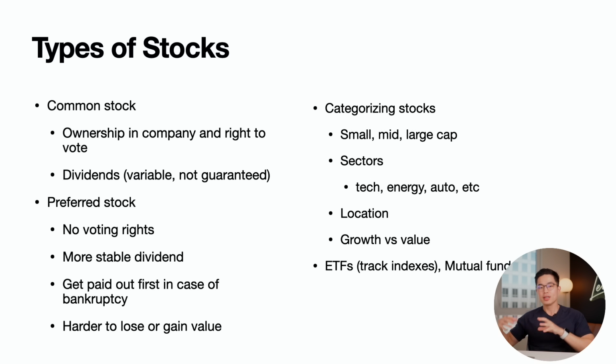You can actually purchase shares of ETFs, and that's basically going to be tracking these indexes where you're buying a small portion of a bunch of different companies. And very similar with mutual funds, it's a more diversified holding where you buy one share of something, and that is basically like investing in a ton of different companies. So really when people say to diversify your stocks, that means you're diversifying across different sectors, from different locations, and also buying growth as well as value stocks.